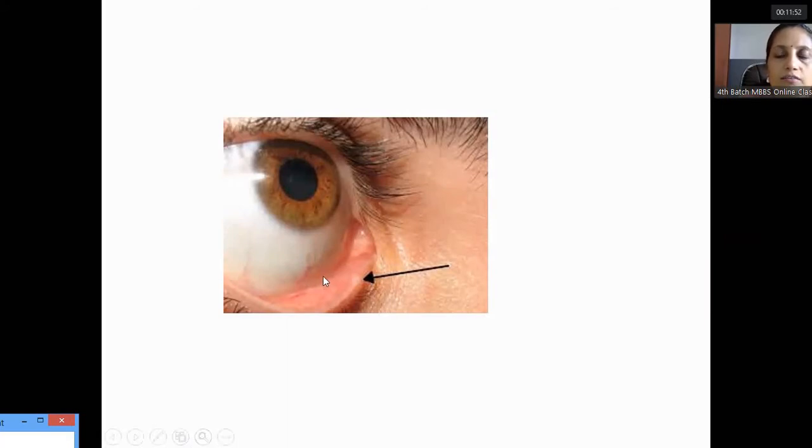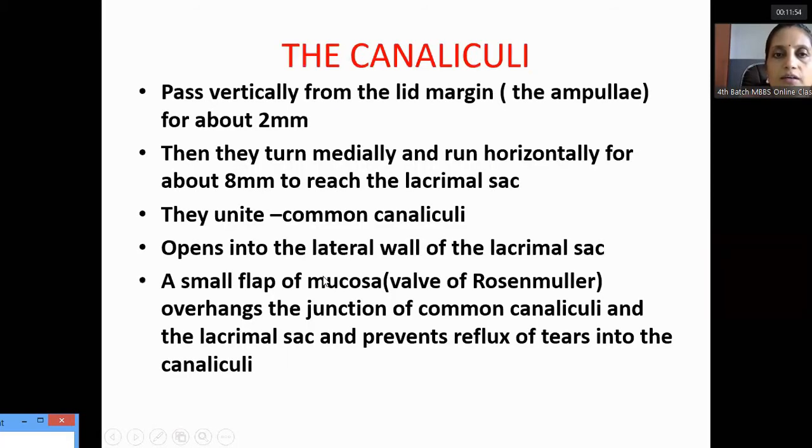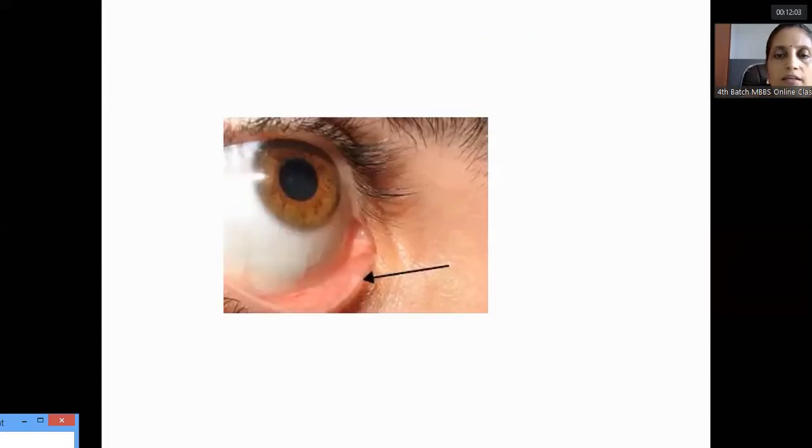There are gradings in entropion and ectropion also. Normally you will not be able to see the punctum, both upper and lower, as they are apposed to the globe. So you have to pull the lid to see the punctum.